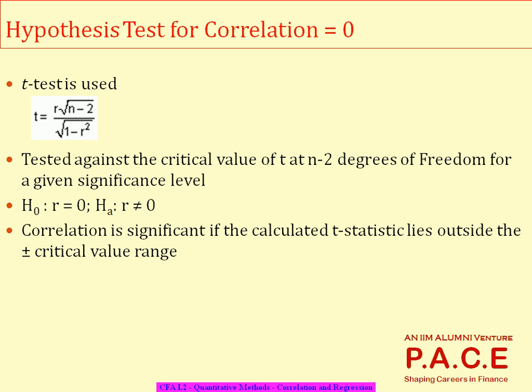So in this case, let's say I am taking whatever we got through our sample calculation, 0.61. I put this into the formula and look at it with n minus 2 degrees of freedom, whether it is at 5% level of significance or 1% level of significance; I can define my business rule.